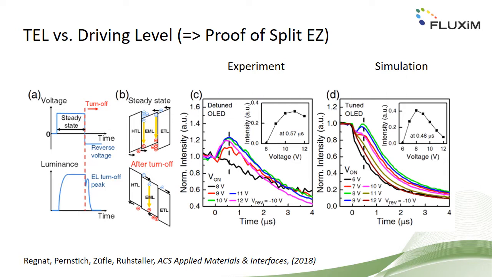At a low voltage of 8 volts, there's no overshoot. At an intermediate voltage of 11 volts, there is a strong overshoot. And at a high voltage of 12 or more, that overshoot decreases again. This behavior is nicely reproduced in the simulation shown in plot D and has exactly the origin I just discussed.